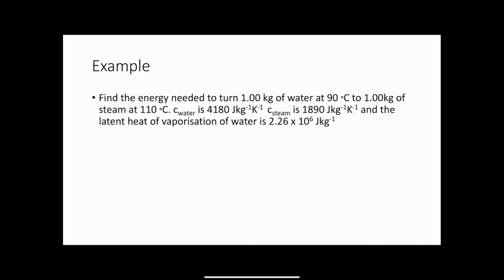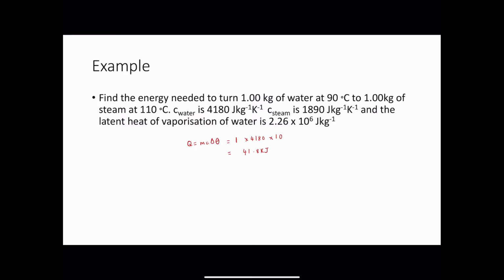So finding that, we're going to use our Q is equal to M C delta theta. That's going to be 1 times 4,180 times 10, which gives us a total of 41.8 kilojoules. So that takes us to 100 degrees, which is where water will start to boil.